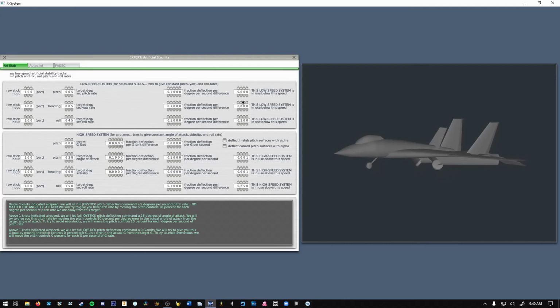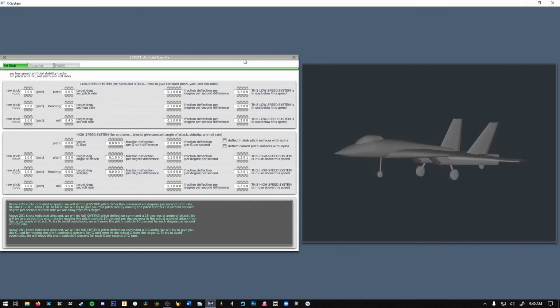And then because these are all for landing, I'm just going to say, yeah, 200. Actually, I'll keep heading, yeah, 200 knots, and then pitch, I'll say, actually, yeah, just for the purposes of this, I'll say below 200 knots as well.